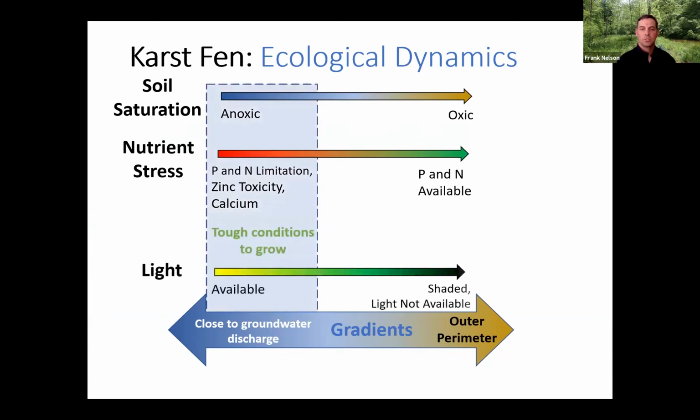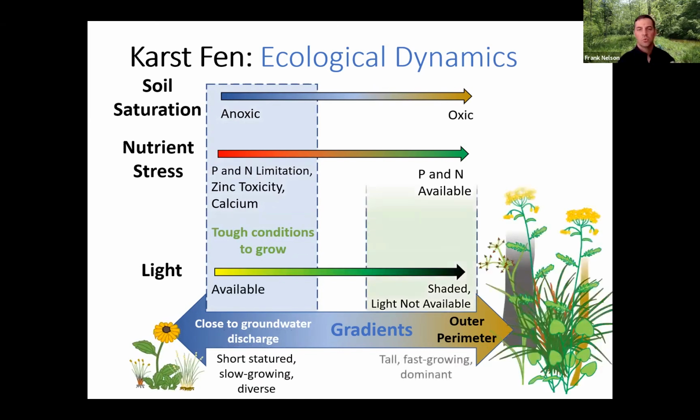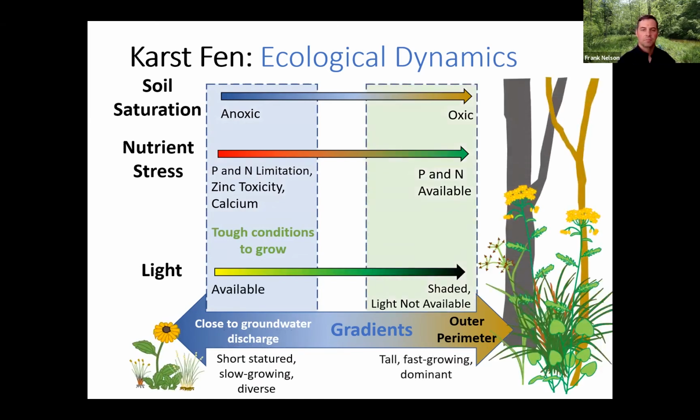And if you think about it, these are really tough conditions for plants to grow. And so you have these short-statured, slow-growing plants that are more diverse communities, whereas further away, you have more tall, fast-growing dominant species that can handle those conditions.